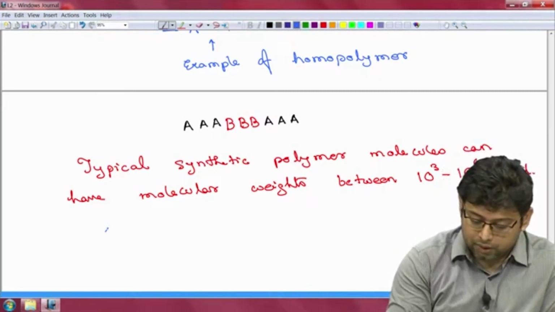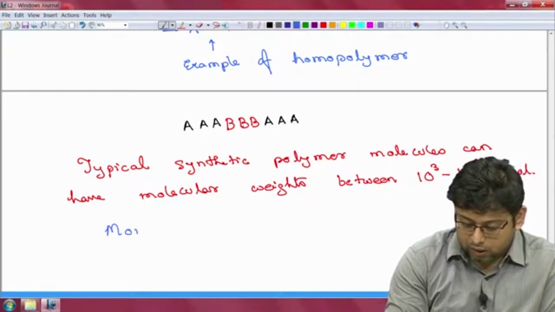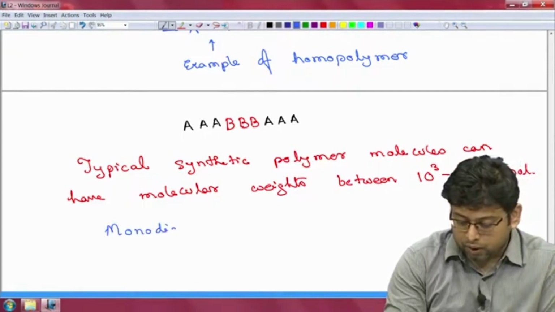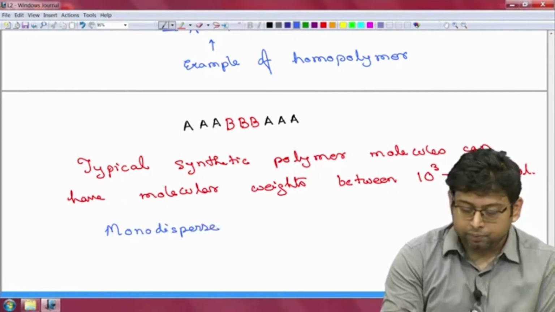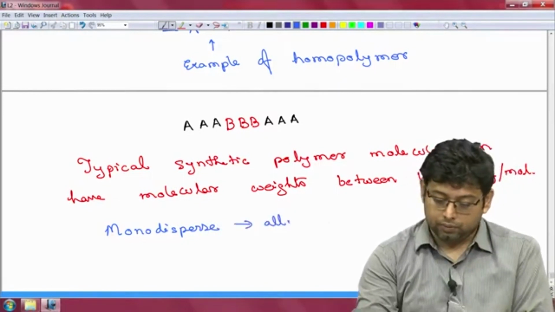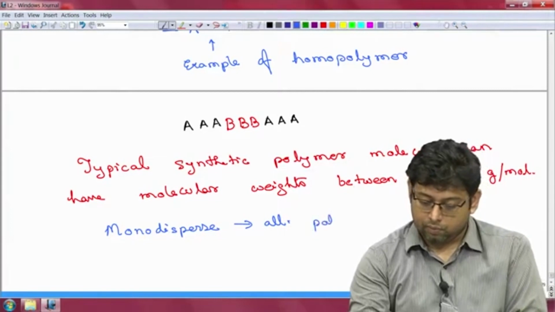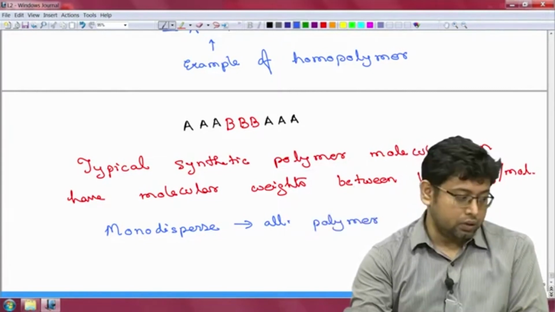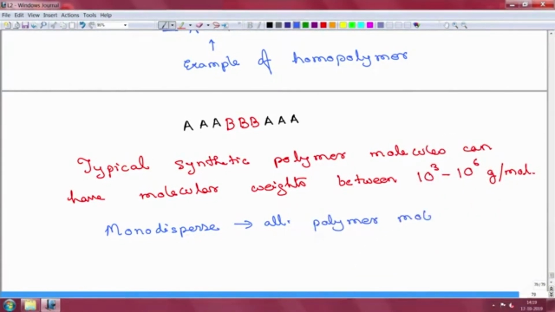Monodisperse is another important term. Monodisperse is when all polymer molecules in a sample have the same molecular weight.